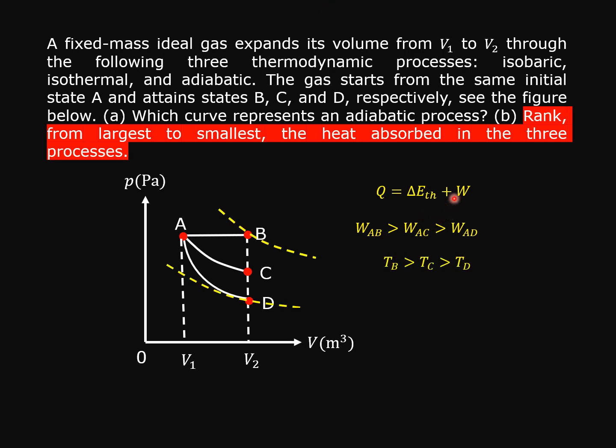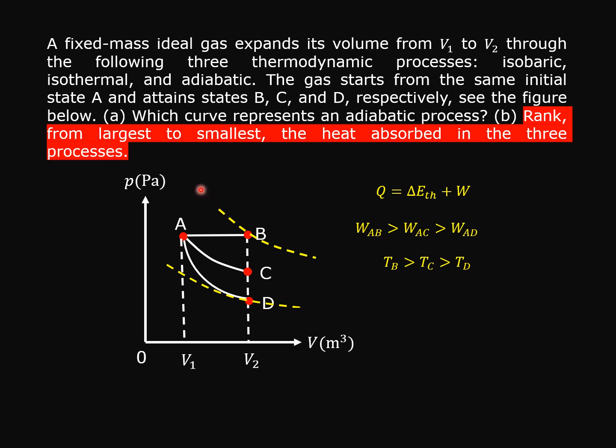To analyze the internal energy change of the three processes, we need to know the temperatures of states B, C, and D. To know these, we use the isotherms that pass through these three states.